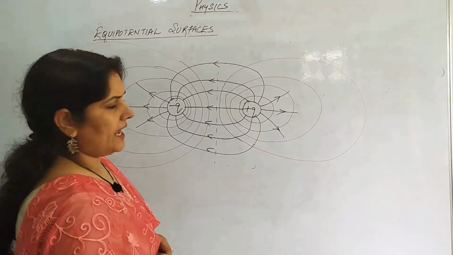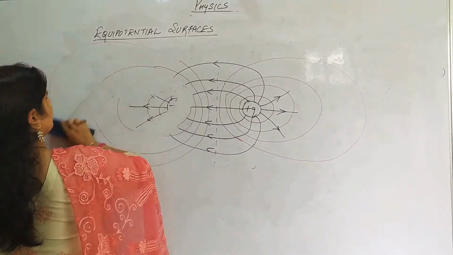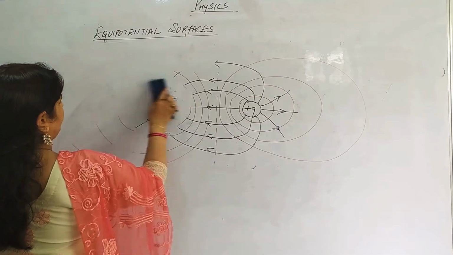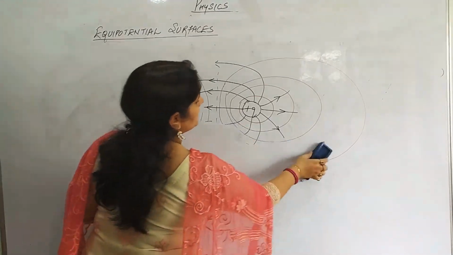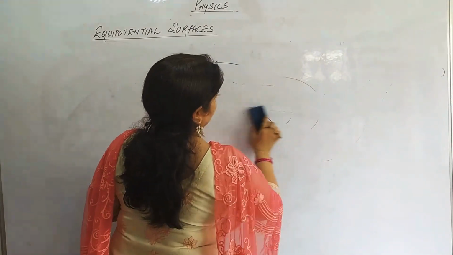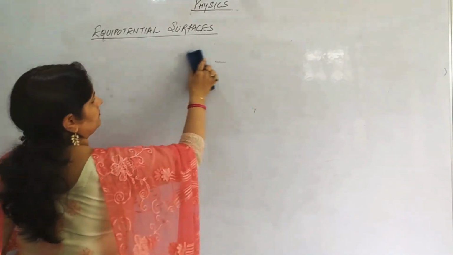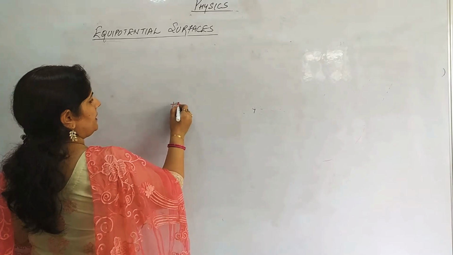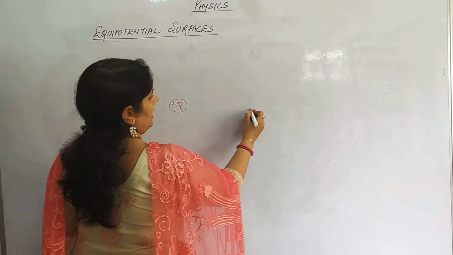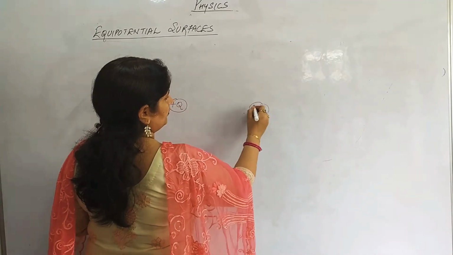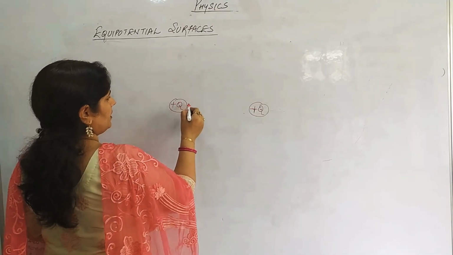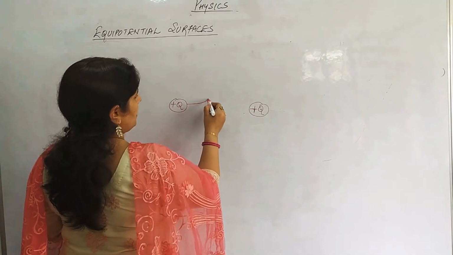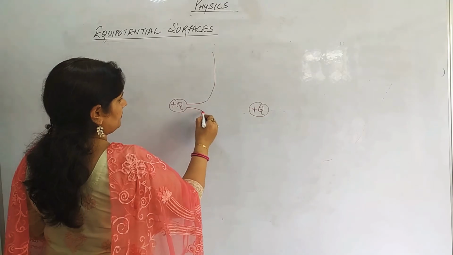Whereas for similar charges, say this is plus q and this is also plus q, the electric field lines are like this.